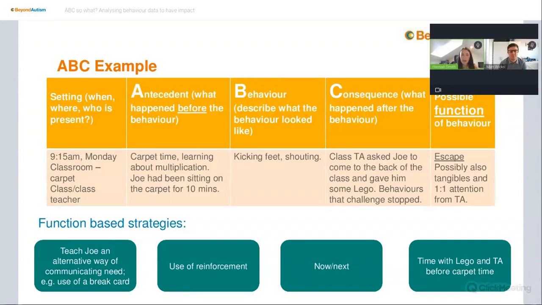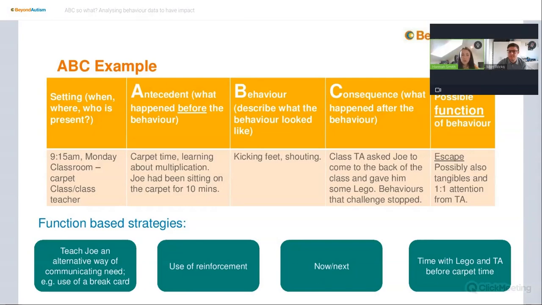So it might be specific behaviours that you've identified that he might have something on a sticker chart. It might be a marble. So often classes have marble jars, and when he's sat on the carpet for X amount of time, he might get a marble in the jar or a sticker on his chart, whatever that system might be, because essentially we want to increase those alternative behaviours instead.